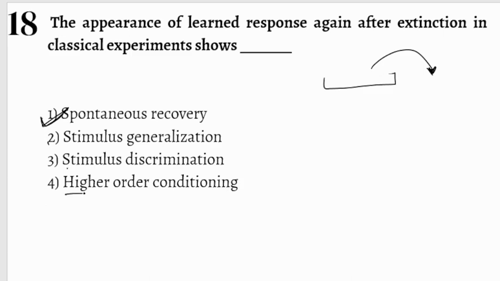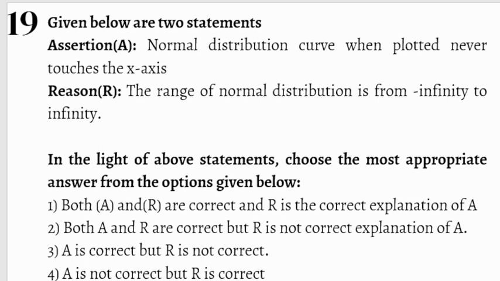Higher order learning is the second order learning, which is done after the basic association is done, and we try to add on another stimulus to that. That is higher order conditioning. Moving ahead to question number 19, please give it a read and then we would solve it.